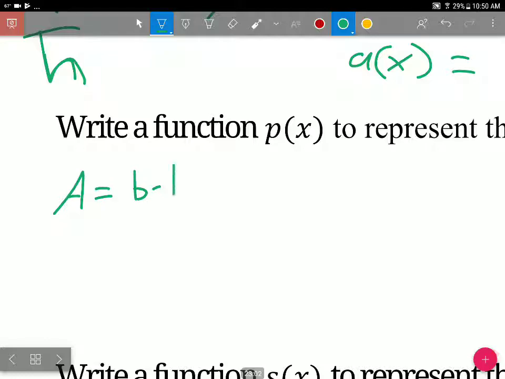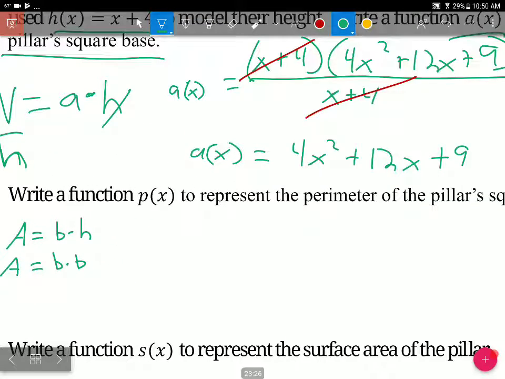What's the nice thing about a square? Concerning the base and the height, what do you know about them? They're the same, right? So it's the same thing twice. We're looking for what times itself is going to equal that area. Okay, so the area is 4x squared plus 12x plus 9.